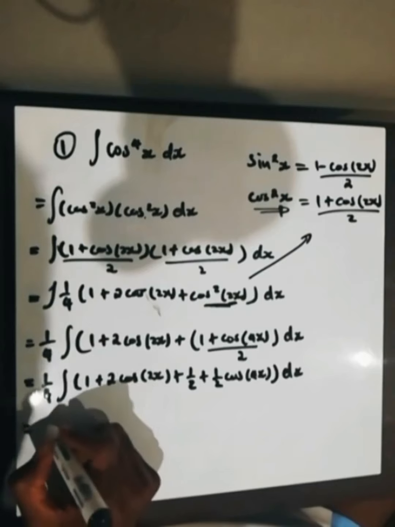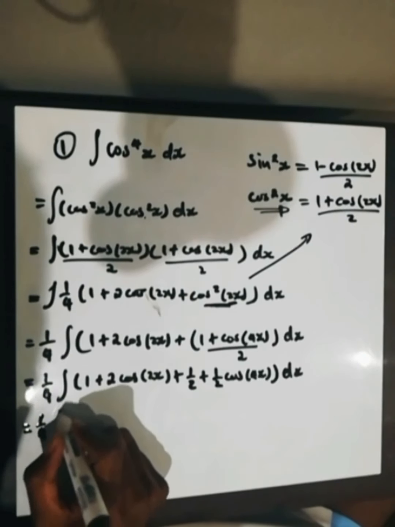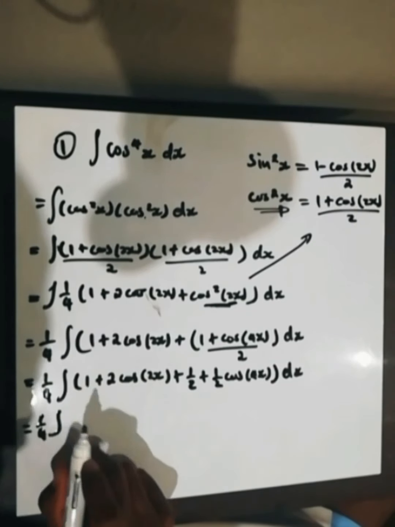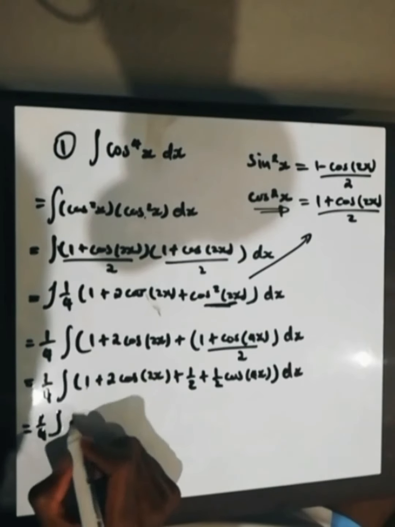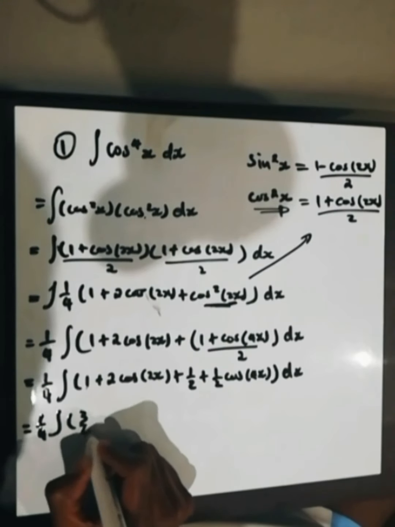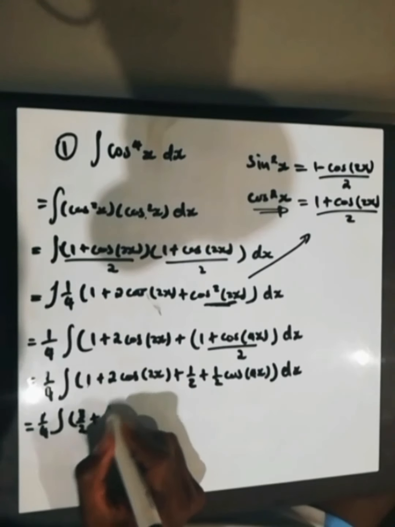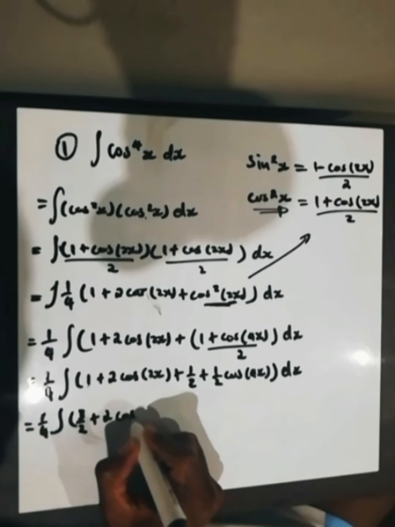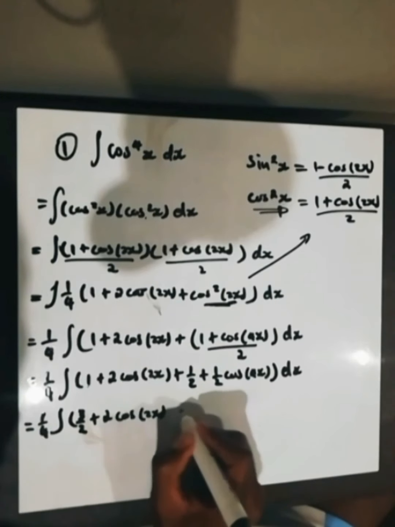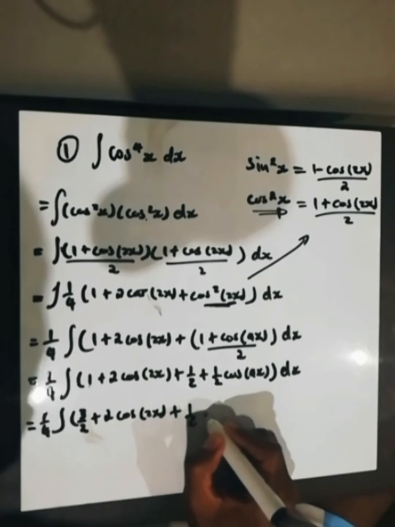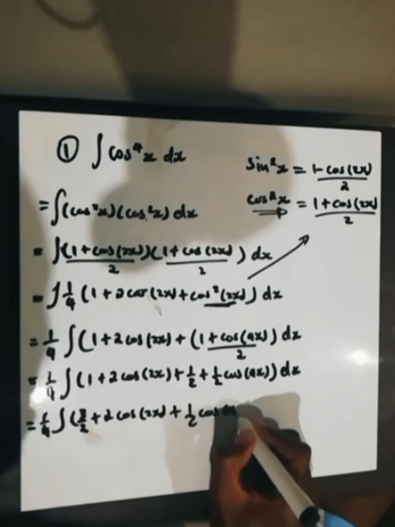Now let's simplify even further. We can collect the like terms and say what is 1 plus a half. It gives us 3 over 2. Plus we still have this 2 cos of 2x plus 1 over 2 cos of 4x dx.